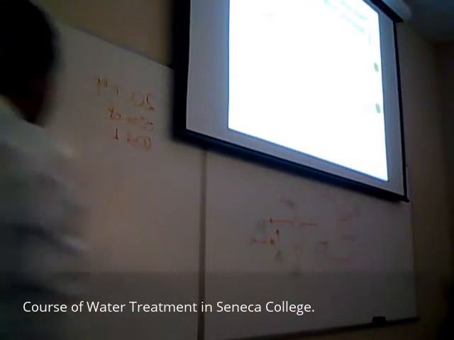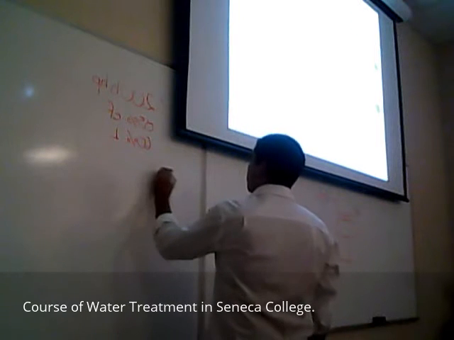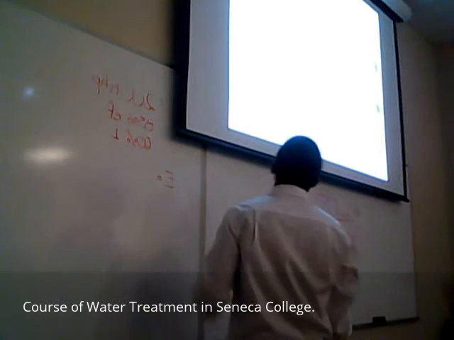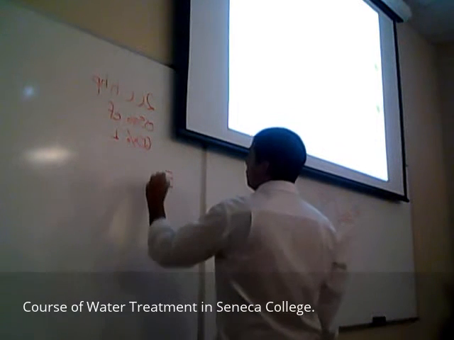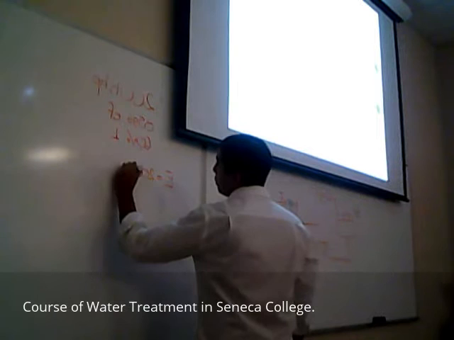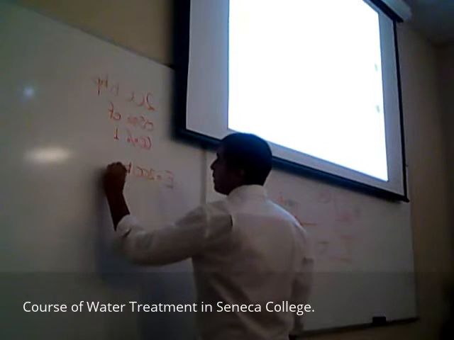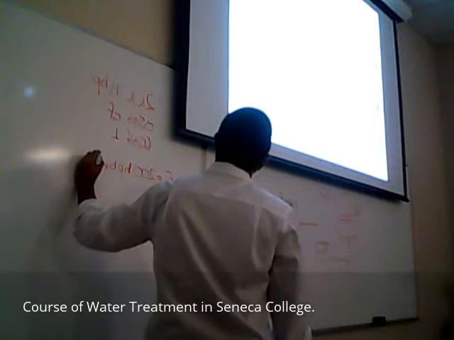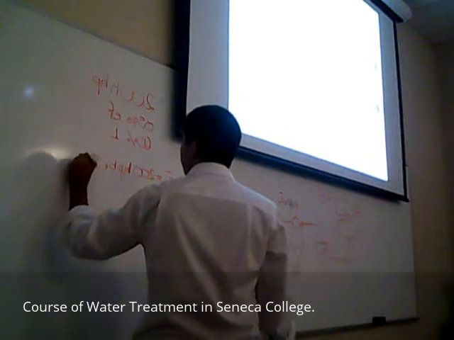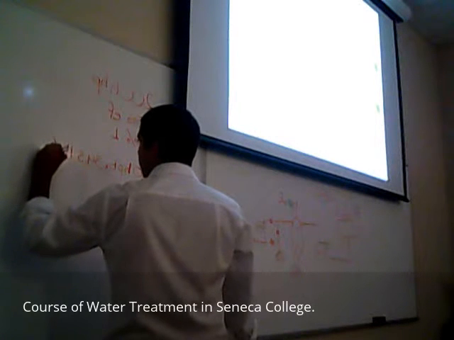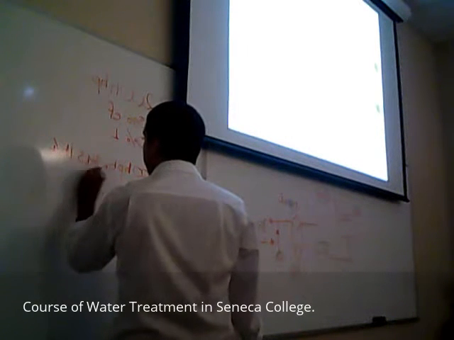So I'm going to have E equal to 200 HP multiplied by, we know that, 34.5 pounds per hour, right?